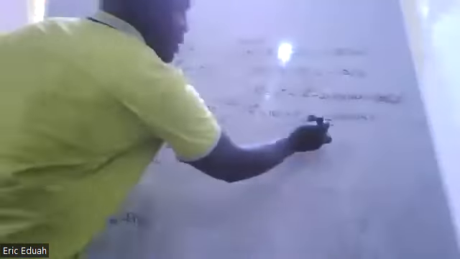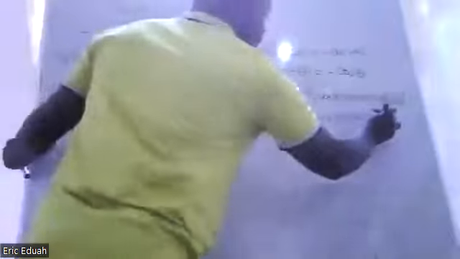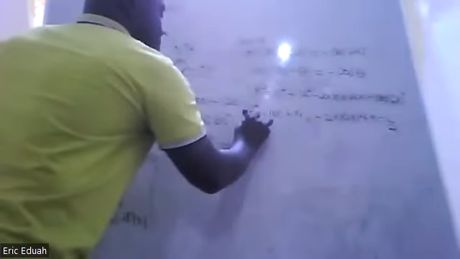Now what is cos 120? Please, this is plus because of negative times negative. What is cos 120? It is equal to negative half. Right? Yes, please.